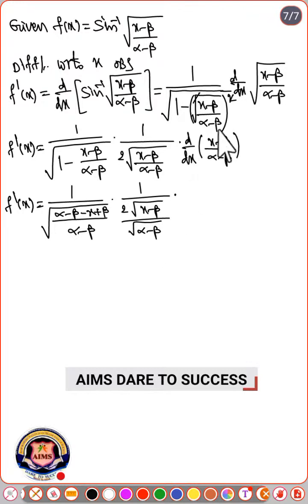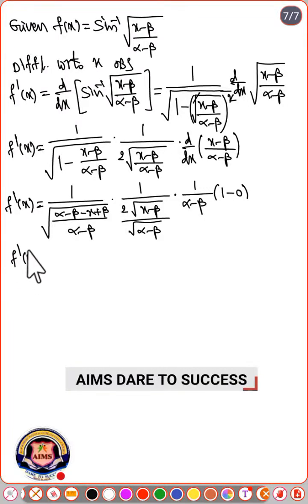My dears, here alpha minus beta in the denominator is a constant, so what shall we do, write outside. We get 1 divided by alpha minus beta into d by dx of x minus beta. So d by dx of x is 1 minus d by dx of constant is 0.